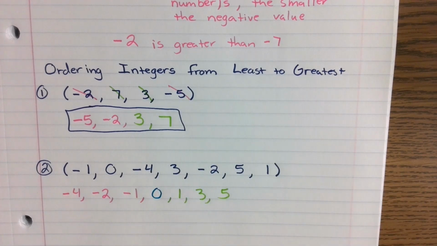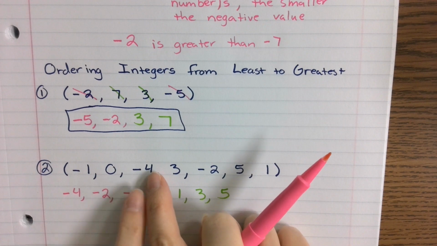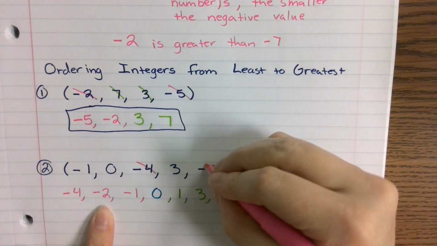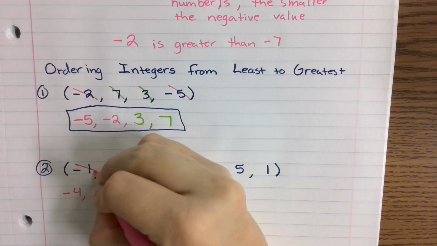All right, so starting with our smallest number, remember our negative values are always going to be the smallest of the values. So -4, it's the largest of the negative bases, so that makes it the smallest of the values. Then we've got a -2, and then -1. -1 is the closest to our 0 in this group.